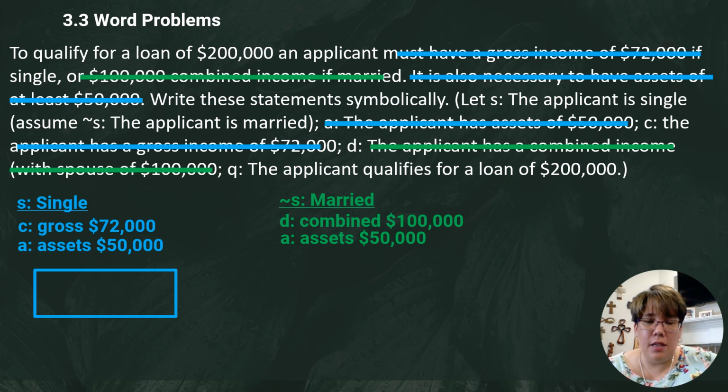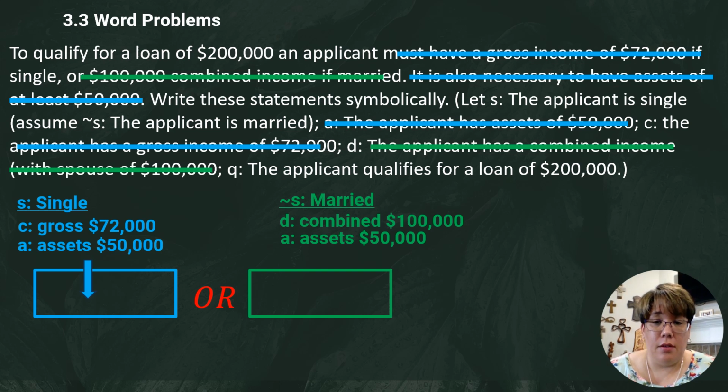So here's what I ended up doing. I thought about it and basically said, if you were single, with a gross income of $72,000 and $50,000 of assets, or if you were married with $100,000 and you had assets of $50,000, then you would qualify for the loan of $200,000.